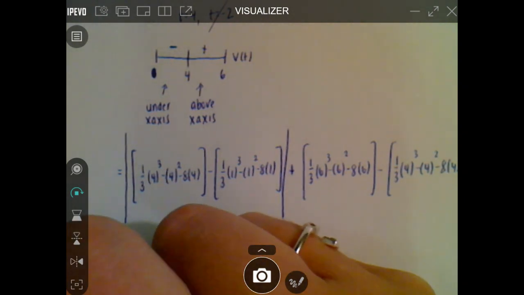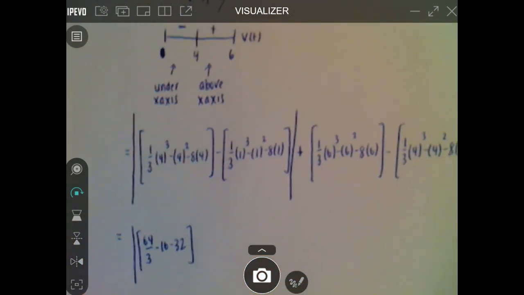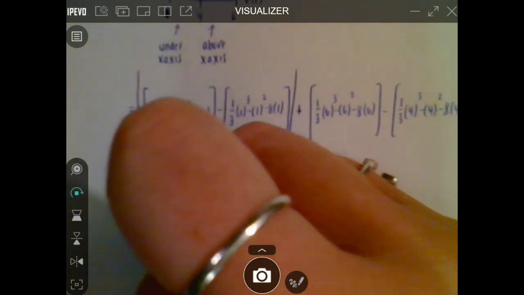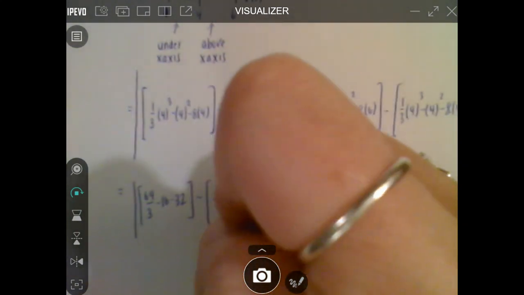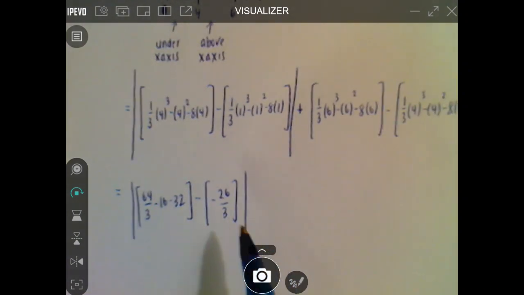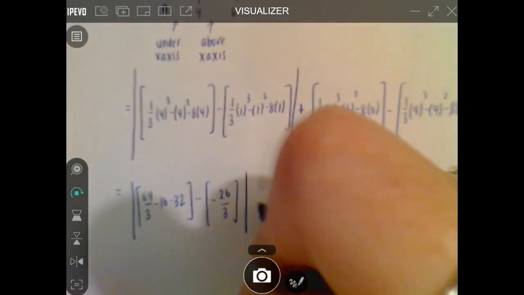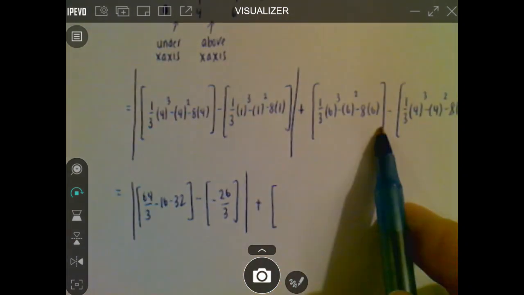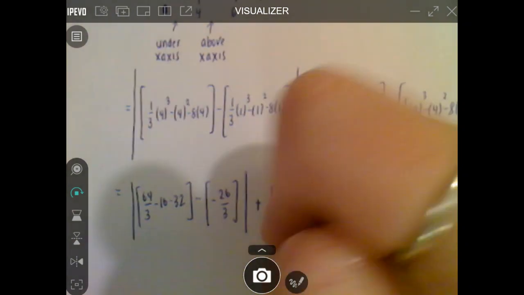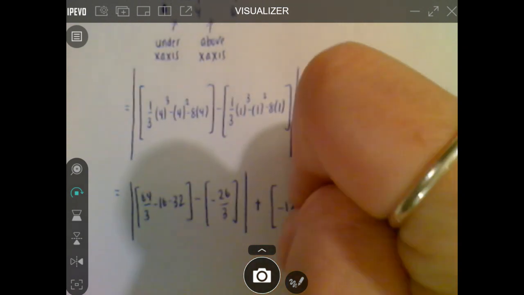Minus 16 minus 32. And I know that this quantity is negative 26/3 because we calculated that in the displacement part. And then I'm going to simplify this over here, which I actually already know is negative 12, which I calculated again in the displacement part.